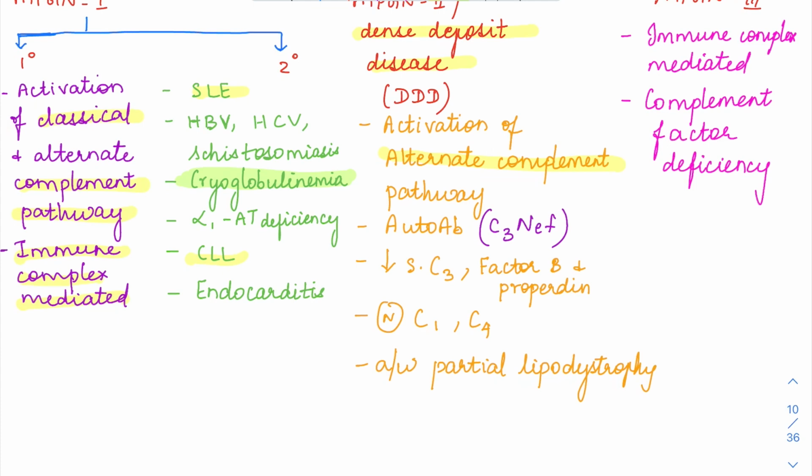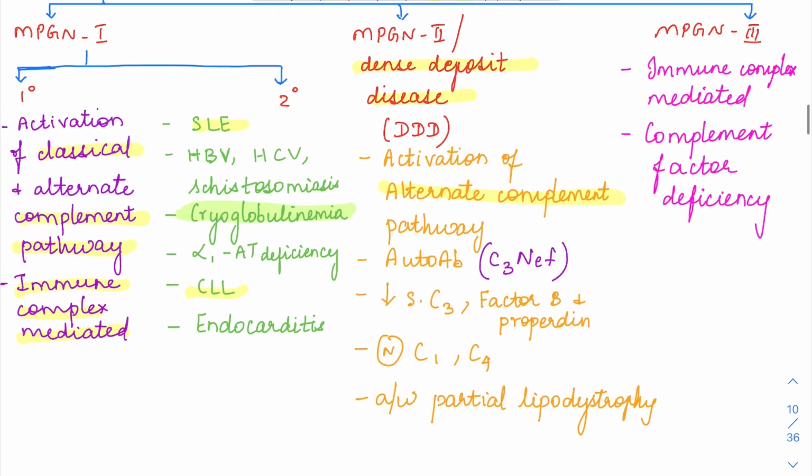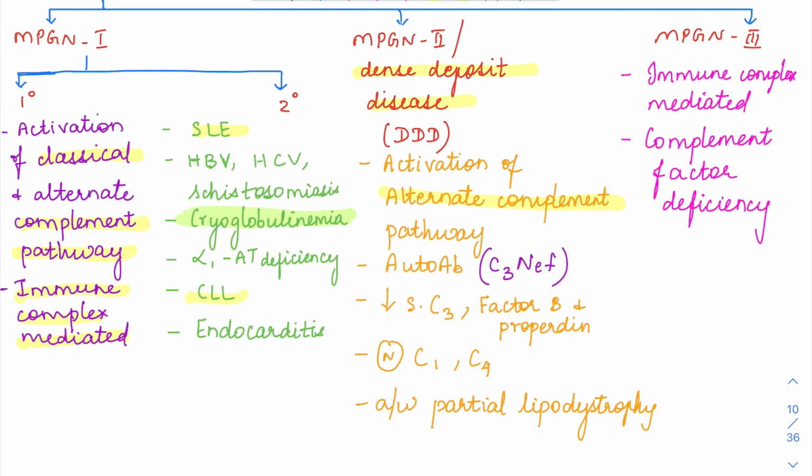So when the alternate complement pathway is activated, what will be happening? Here, the C1 and C4 complements, which are actually part of the classical complements, will have normal levels. But the actual pathogenesis in type 2 is that there is an autoantibody formation called C3-Neph. C3-Neph is C3 nephritic factor. So this autoantibody, C3 nephritic factor, is going to stabilize the C3 convertase of the alternate complement pathway.